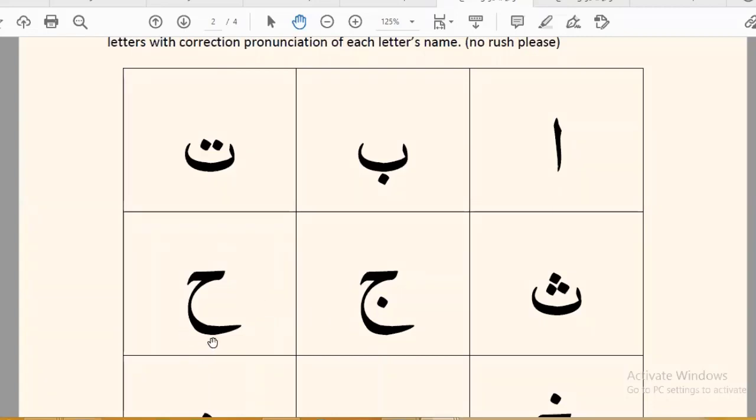Let's move on. Now, this is the same shape as this, you can see. However, this has no dot. Okay, there's no dots found on this letter. This is the letter Ha. Ha. All right, good. Well done. Now, really take a deep breath and then let it out as you say this letter, okay? Ha.